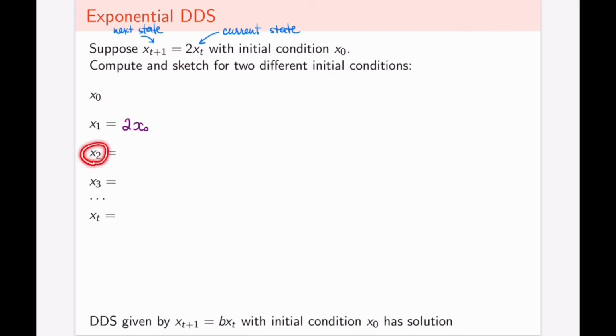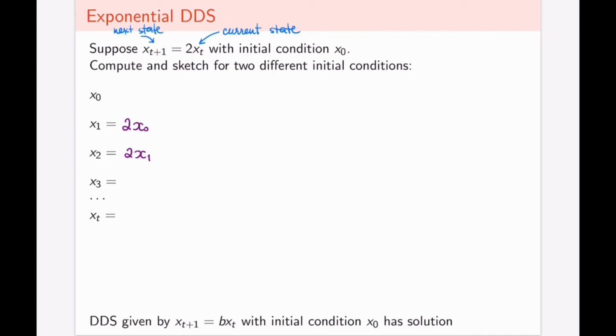For x2, in order to get this next step, you have to double the previous step. So x2 is going to be double x1. Again, you can obtain this formula by plugging in t equals 1 into the updating function. If you plug in t equals 1, on the left you're going to have x sub 2 equals 2 x sub 1, which is exactly what we got here.